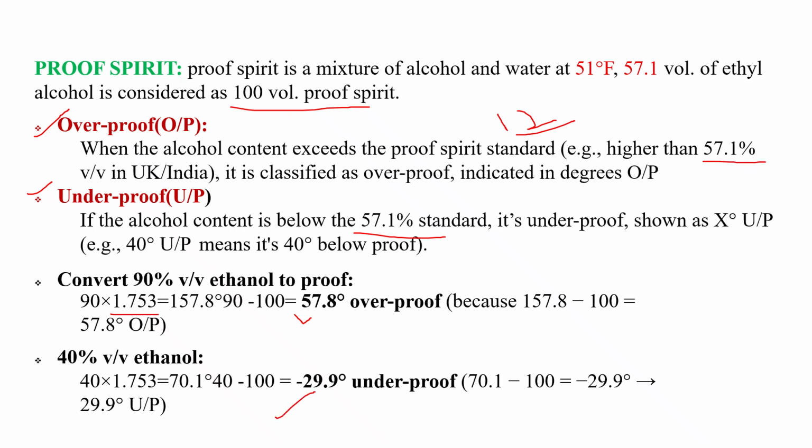Easy. So at first you take the percentage strength, multiply by 1.753, minus 100. If you get a positive value it will be overproof, and if negative, underproof. That's the main point from proof spirit.